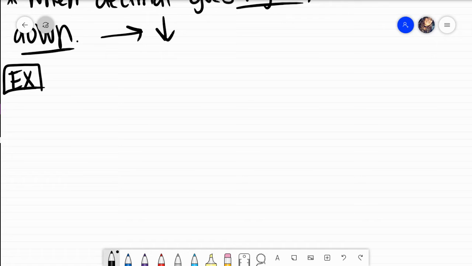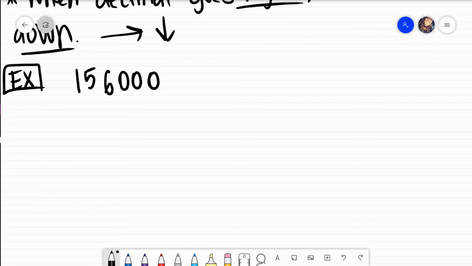Say we have the number 156,000. Not really that huge, but you could see examples where it's 1,500,600,000, but that's a huge number, right? So this is just to show you how it works.